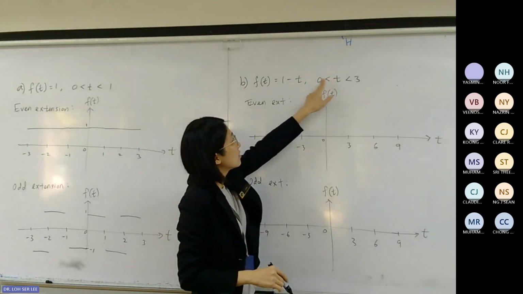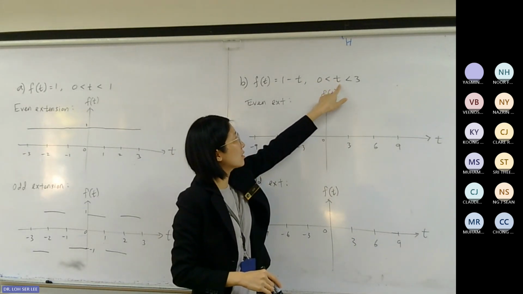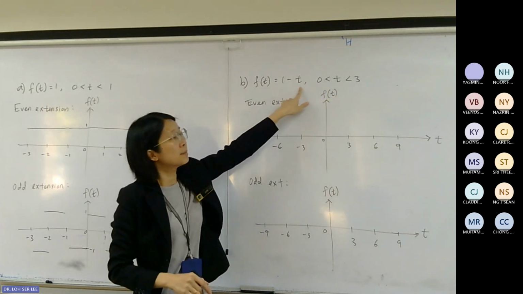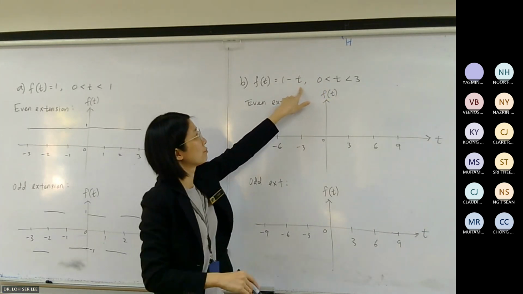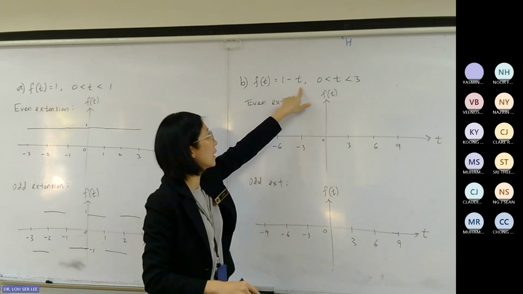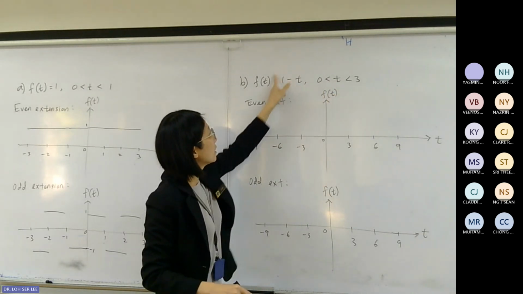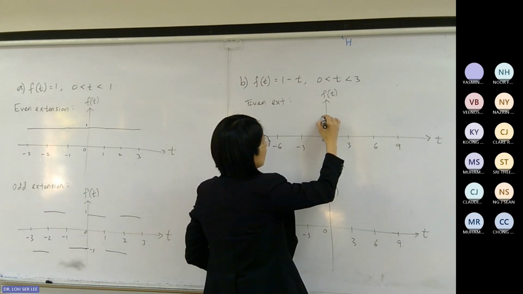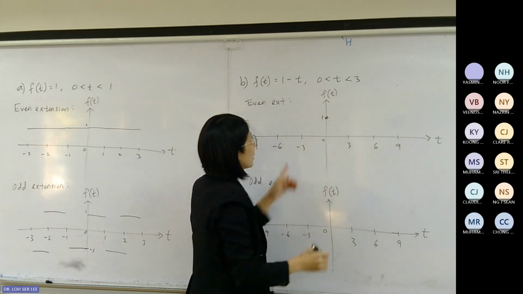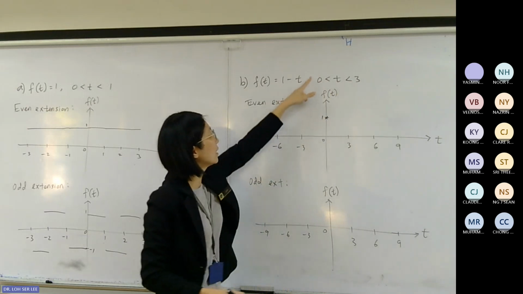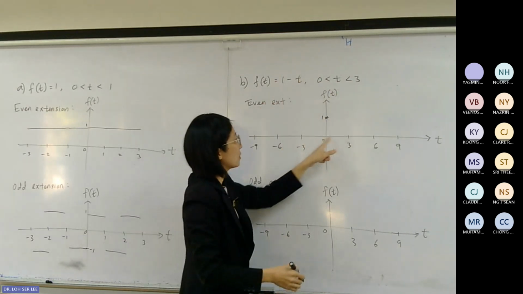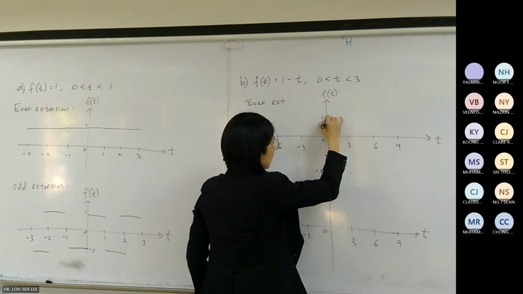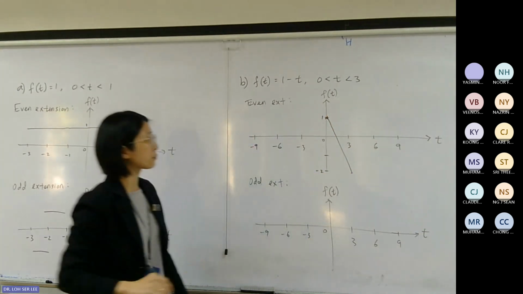You treat t as x and the result as y. When x is 0, your y is 1, so the point (0, 1) is here. When x is 3, your y is -2, so the point (3, -2) is here. So this is the line.